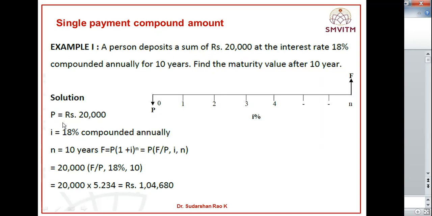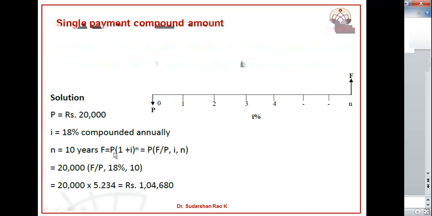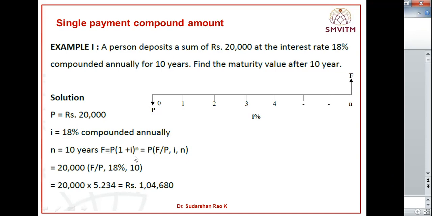The present value is 20,000 rupees deposited, the interest rate is 18% compounded annually, and n is the number of years. The future value F equal to P into (1 plus i) to the power n, or from the discrete interest factor table, you can refer to the 18% interest rate and n equal to 10 years, that is the 10th row in the 18% table, P into F/P, i, n.